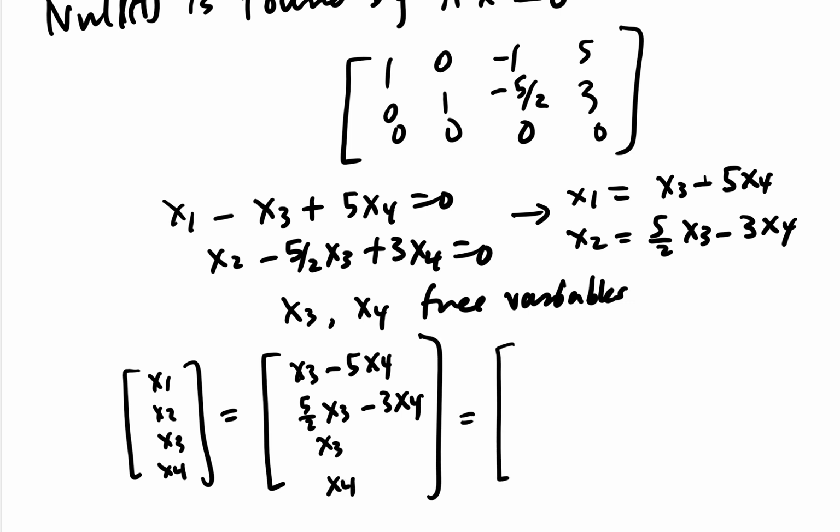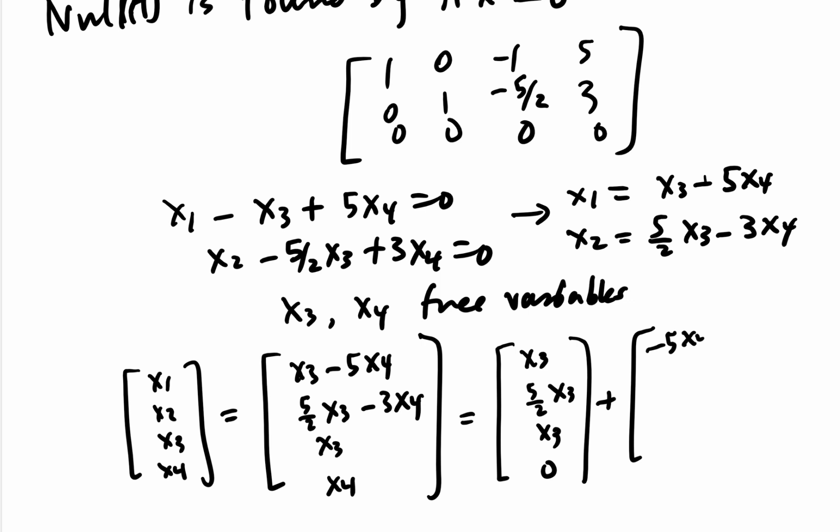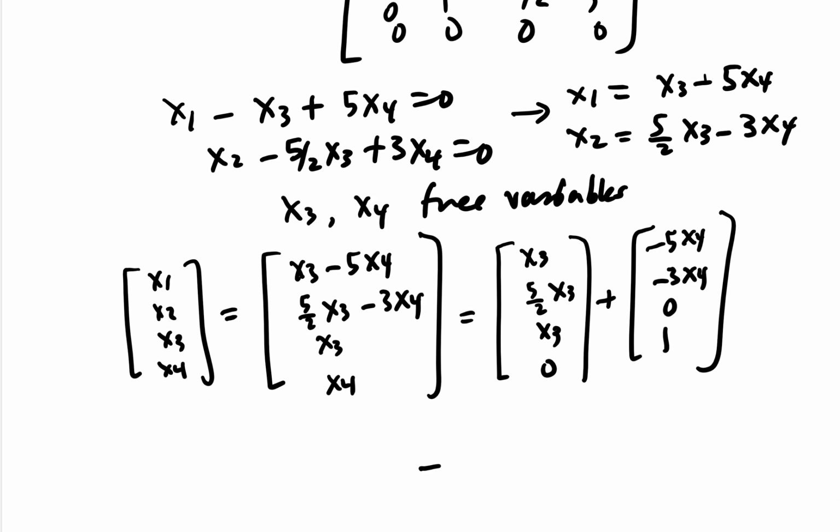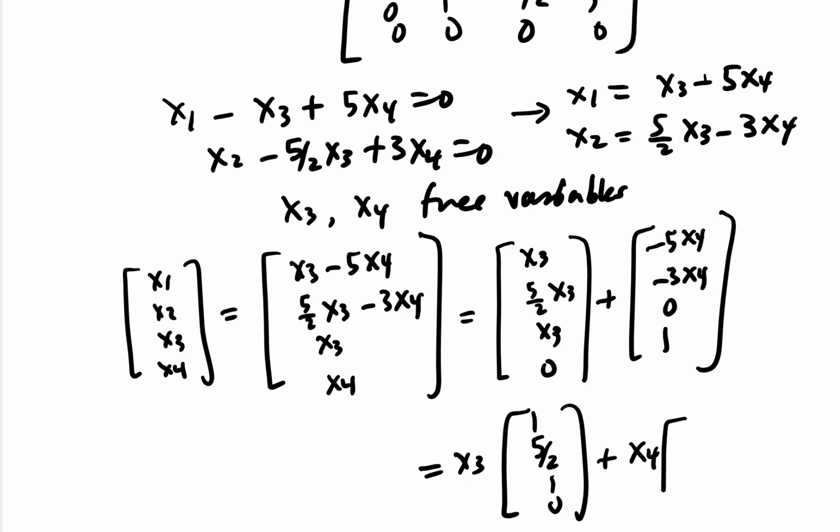So you get x3 times (1, 5/2, 1, 0) plus x4 times (-5, -3, 0, 1).